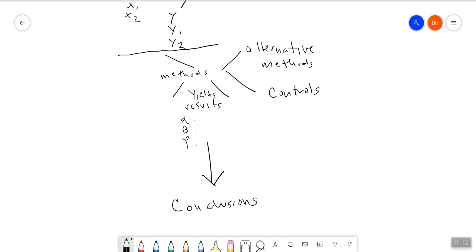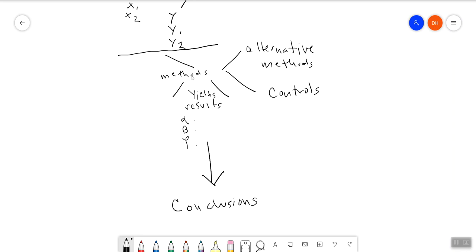Now, part of this, and we'll talk about it in a lecture I'm probably going to do after this one, which will outline the canonical structure of scientific papers, covers natural and social sciences. You'll have to get a methods section in there. What methods did you use? Was it interviews?